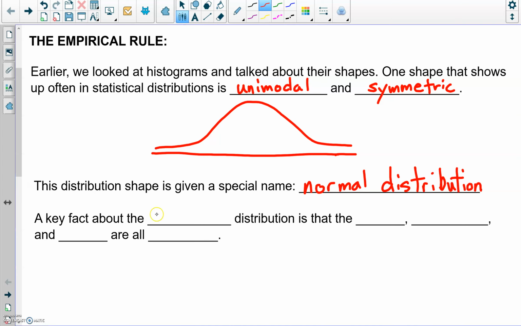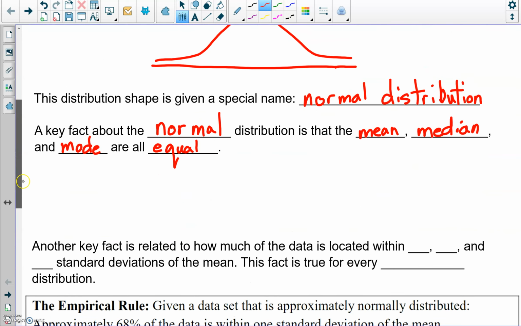Now, a key fact about the normal distribution is that the mean, median, and mode are all equal. I mentioned this in another section as well, but just to bring it back to the forefront.